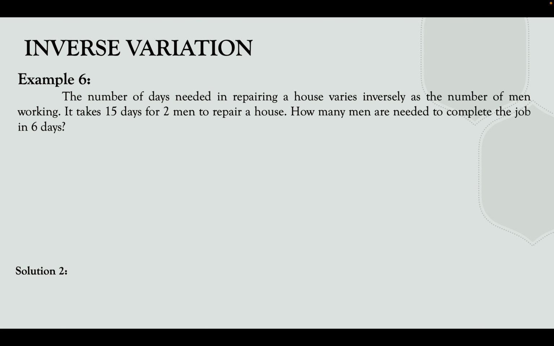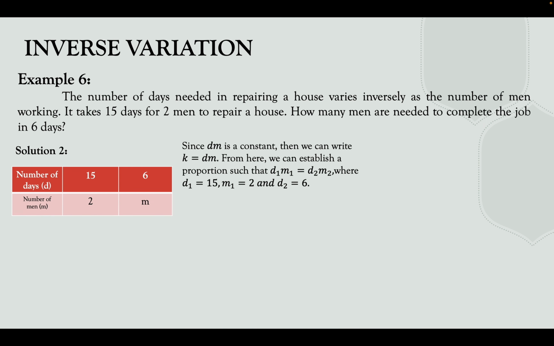So solution number 2, same as in the previous example. Since D times M is constant, then we can write k equals D times M. From here, we can establish a proportion such that D sub 1 times M sub 1 equals D sub 2 times M sub 2, where D sub 1 is 15, M sub 1 is 2, and D sub 2 is 6.